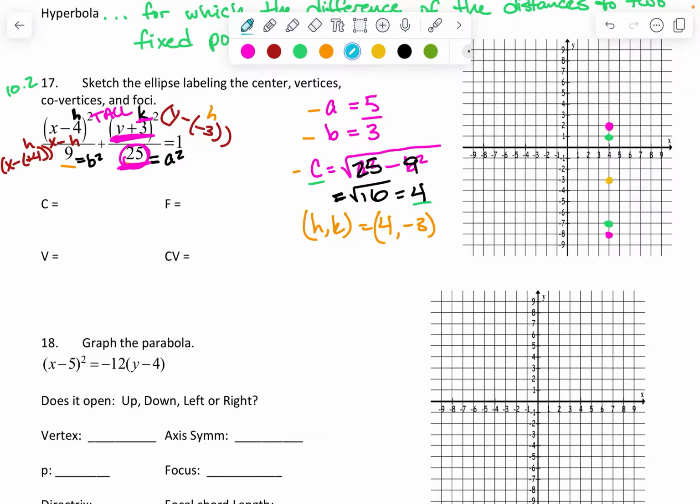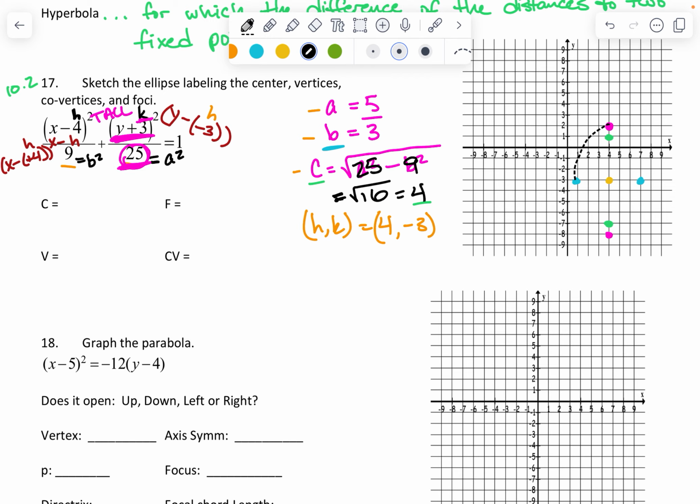And then I'm going to go to the minor axis, which will be this way, and I'm going to mark my b values. So I'm going to go to the right, 1, 2, 3. I'm going to go to the left, 1, 2, 3. And then I'm going to connect these with an ellipse. I wanted that to be a different color.